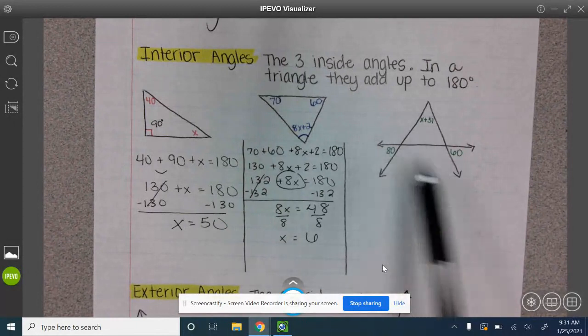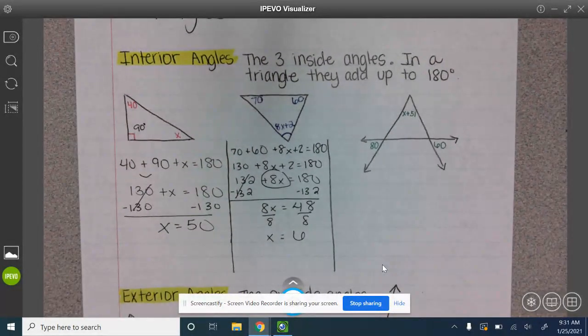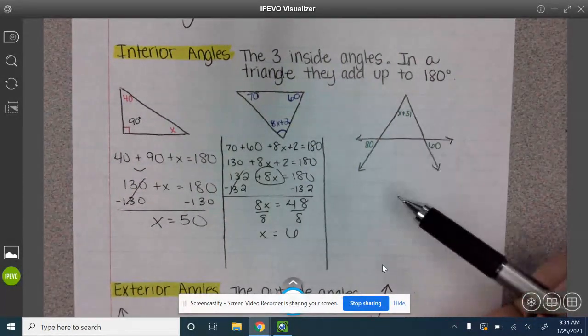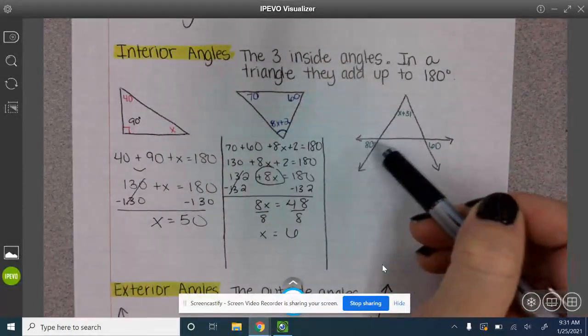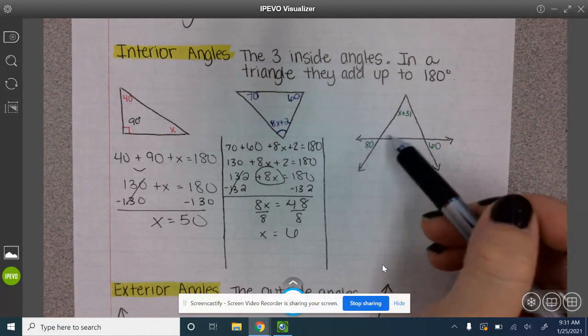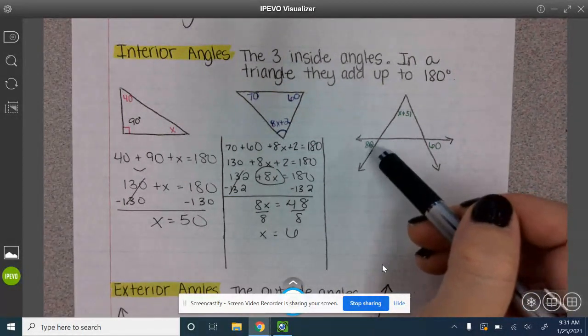Now, this next one over here, there's a couple different ways that we could solve this. We're going to think back to the angles we learned about on Monday. If two angles are across from each other, they are vertical angles. Vertical angles are exactly the same.